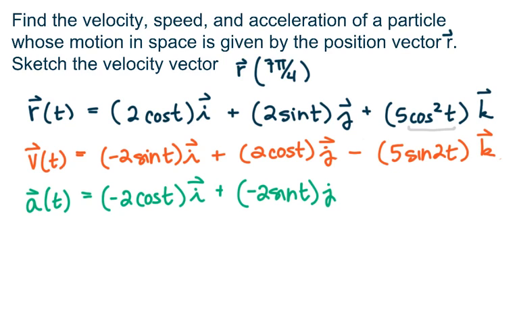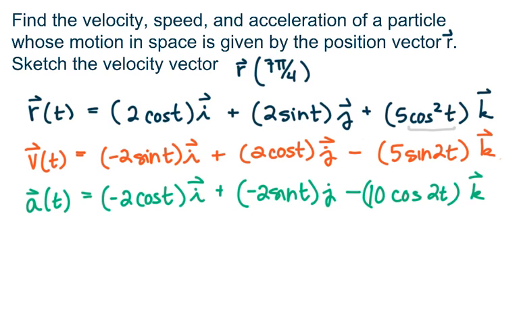And then the derivative of minus 5 sine of 2t is going to be cosine of 2t times 2 using the chain rule, so I've got negative 10 cosine of 2t k. So I have my position, velocity being the first derivative of position, and acceleration being the second derivative of position. Position, velocity, and acceleration vectors.